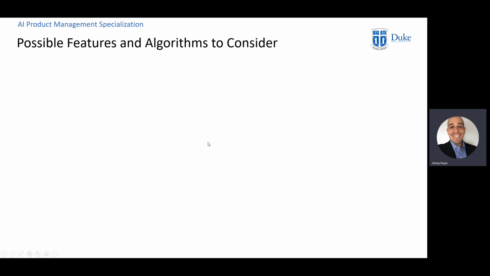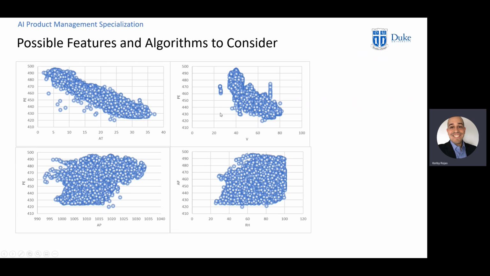The possible features and algorithms to consider. So these are the four graphs of the inputs versus the power based on the data that we received. And as you can see, there are a couple of them that are quite correlated. One of them is the AT, and the other one is the V. The other ones are quite spread in the graph.